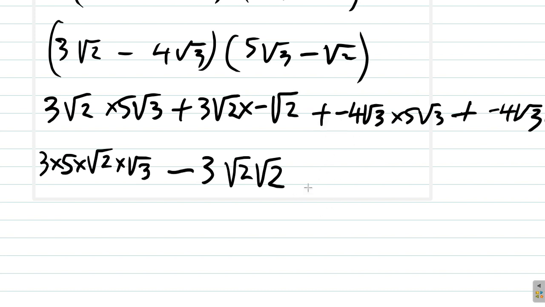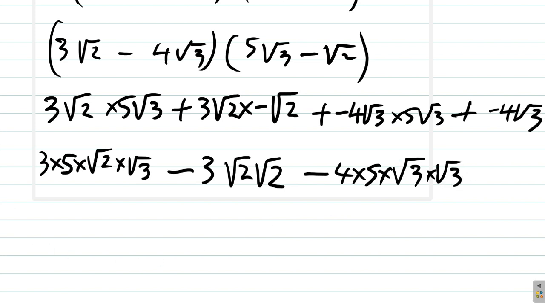Plus negative, so it's going to be a minus now, 4 times 5, as I'm just putting whole numbers together for now. You don't have to do it in such detail and slowly like I'm doing now in an exam, but this is just for explanation purposes. So it's 4 times 5 times square root of 3 times square root of 3.